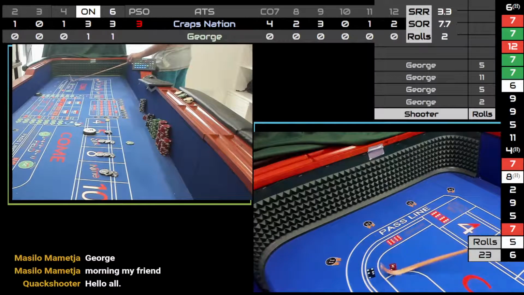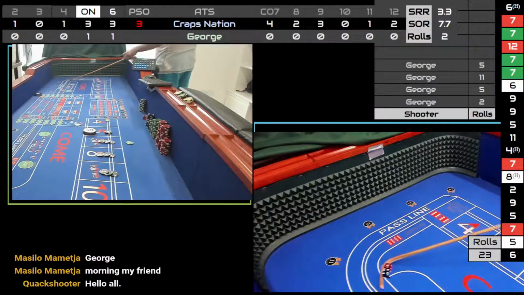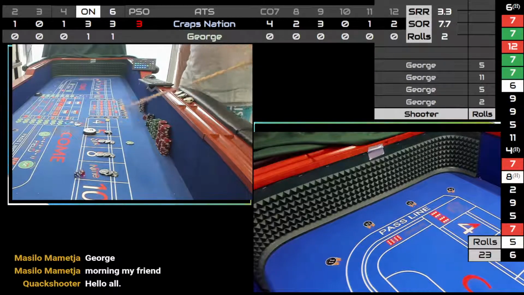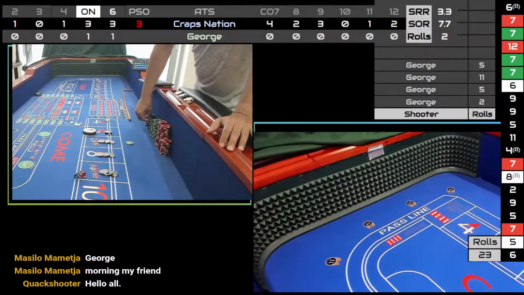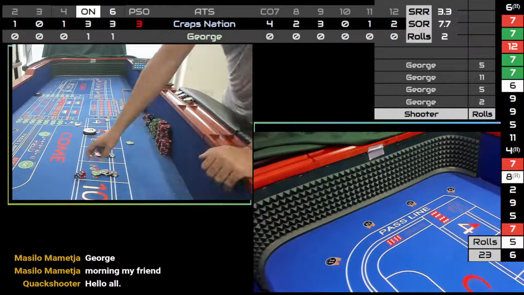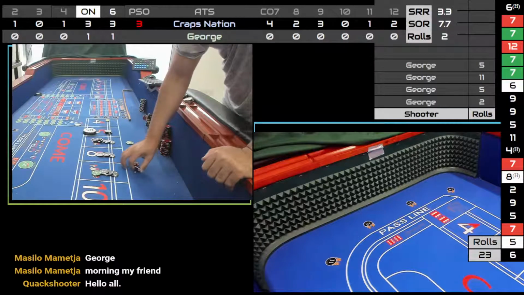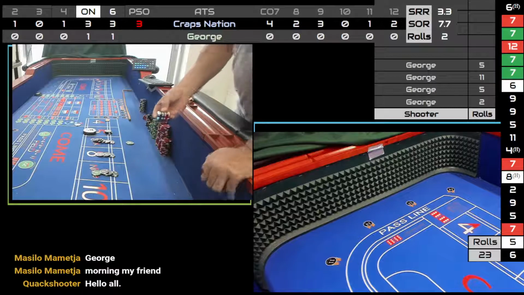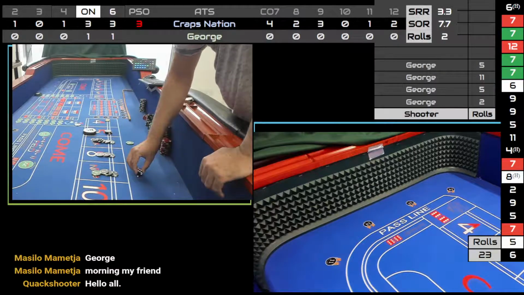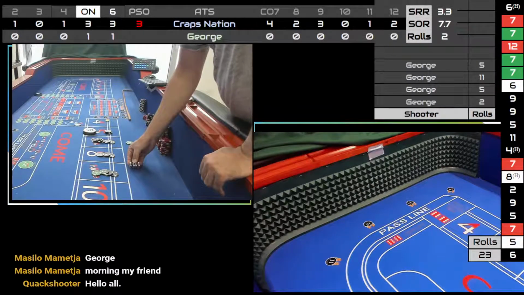The right one would have been a 4, 1, 5. 6 means 350. Staying on the 3, 6, 3, 6. Dice out.